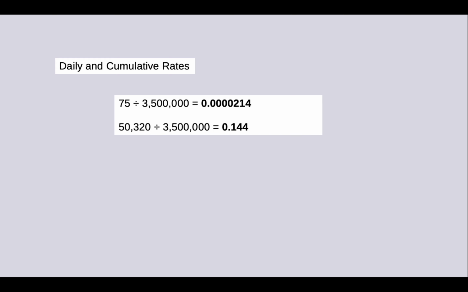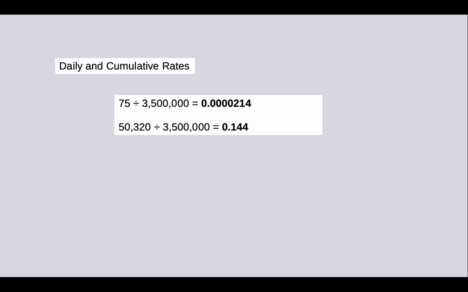Anyway, for comparison, we usually talk instead about rates. We could take Connecticut's count yesterday, 75, and divide it by the population of Connecticut. We could take the total number of cases we've had so far and divide it by the population and get these numbers.